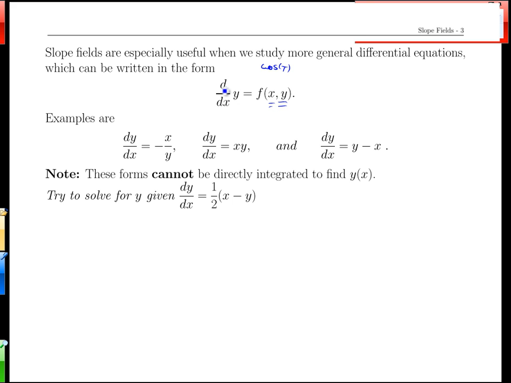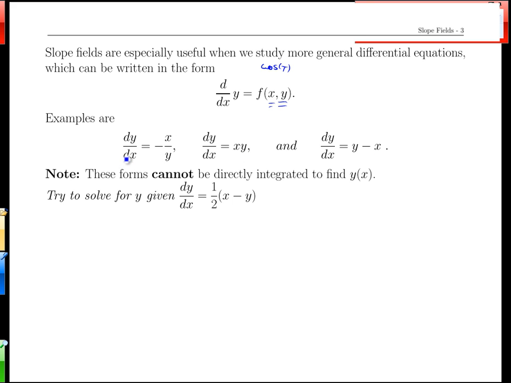So if I'm given the slope of a function, a first order differential equation, in terms of the right-hand side being some function of x and y, then we can always draw a slope field and at least get a graphical sense for what graph y might satisfy that differential equation. Let's take a look at these various forms here.